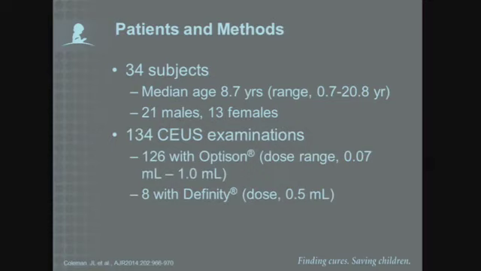Our study included 34 subjects who had a median age of 8.7 years, but ranged from less than 1 year up to about 21 years of age. These patients underwent a total of 134 contrast ultrasound examinations. The vast majority of examinations were performed with Optison, but some were performed with Definity. Most of these patients did receive a dose of 0.5 ml of both agents.